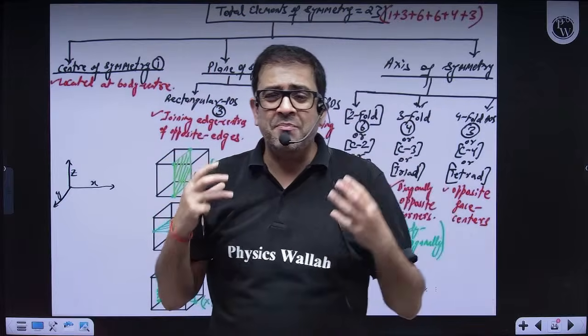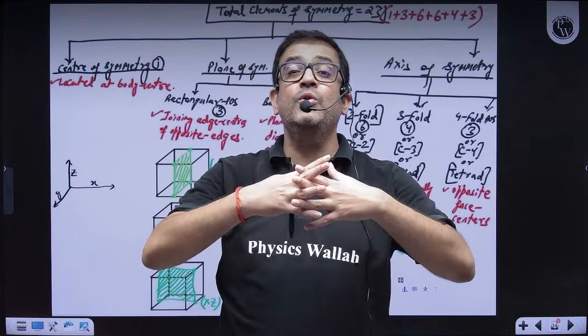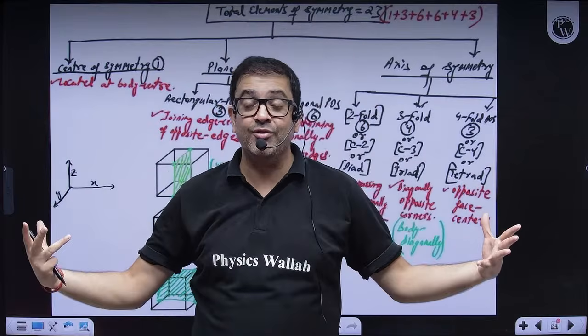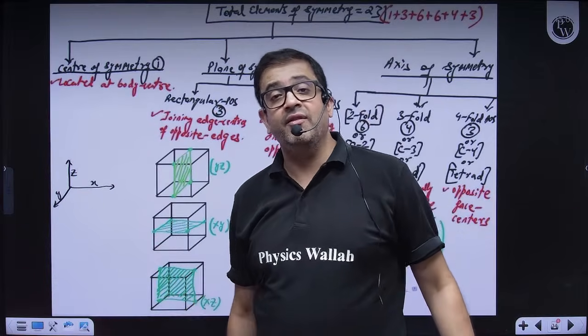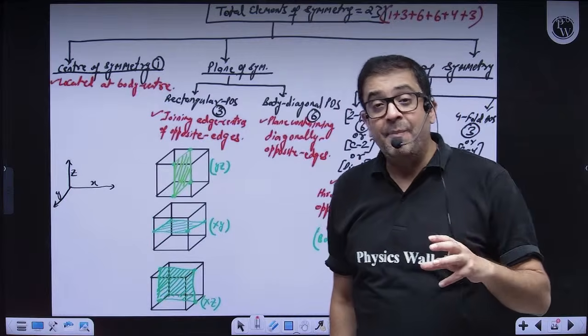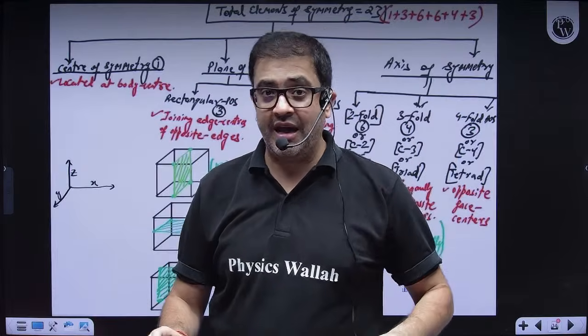Very minute molecules having three-dimensional orientation can't be properly seen, so let us do it on a macroscopic level. On a macroscopic level, what structure do you have? Solid. So solid state tells us that a compound can have in total 23 elements of symmetry.